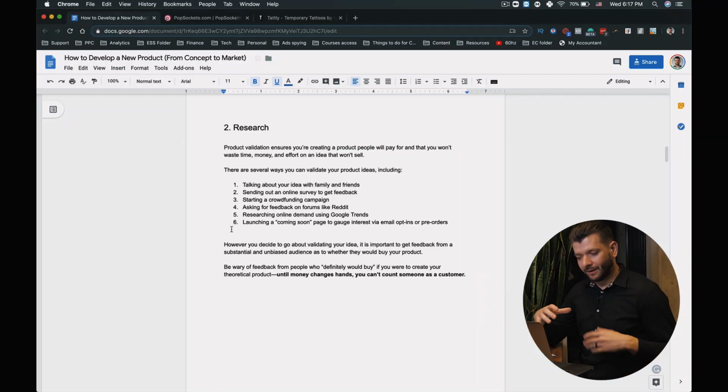So Kickstarter or Indiegogo is an amazing way to validate the product, use other people's money to fund the production and give them those products, but at the same time launch a brand.